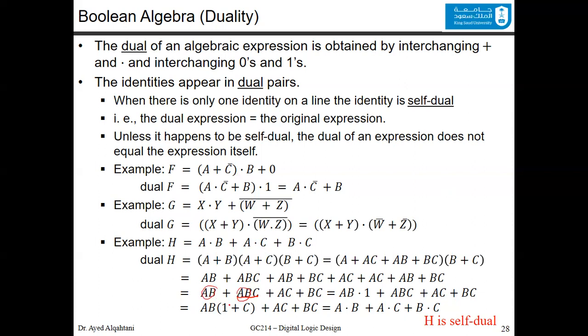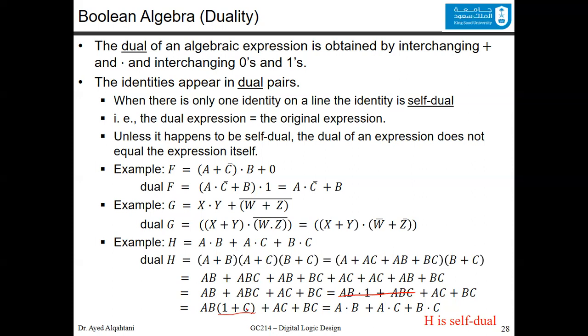So what you do is you AND with one, and then you make this one OR C. Because now you can take a common factor, which is AB, and you have 1 OR C remaining in between the parentheses.